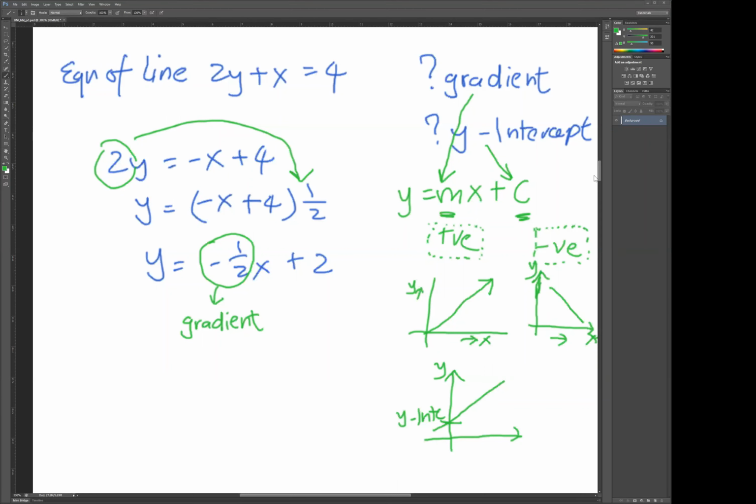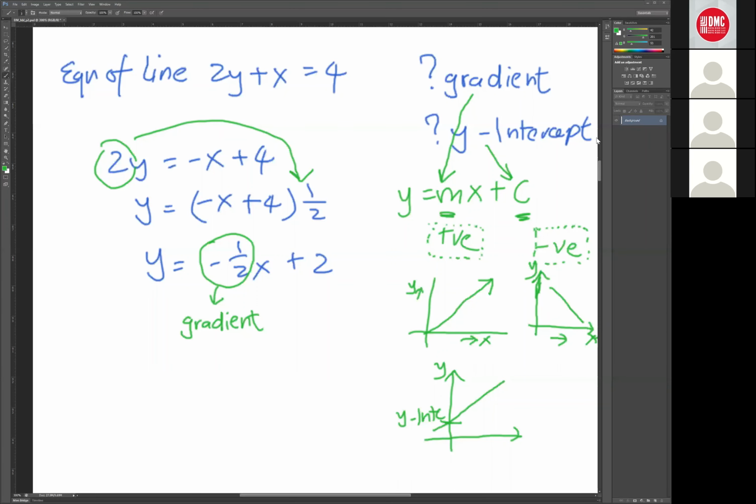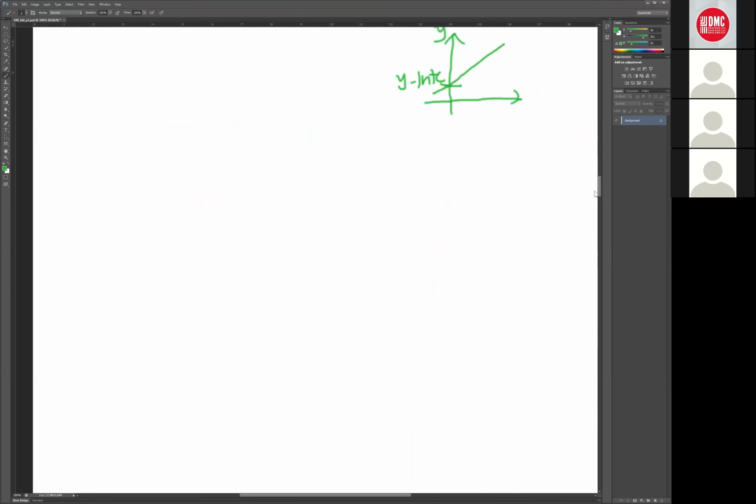Okay, let's move on to the next one. All right, in the next one we're given some clues. The question says find the gradient, and they gave us the coordinates.